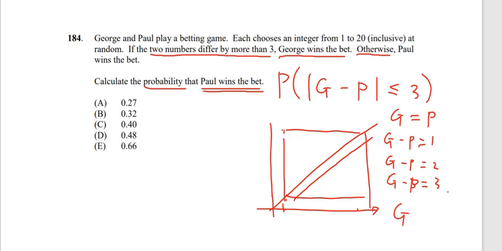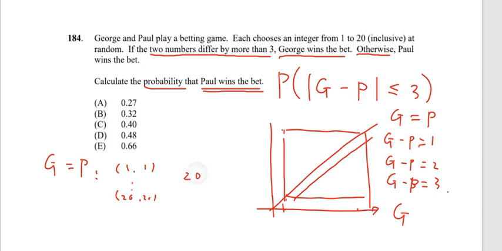Since it is more than 3, the equal is okay, right? So when G equals P, how many cases? If G equals 1, so 1 1, and then up to 20 20. So how many cases?